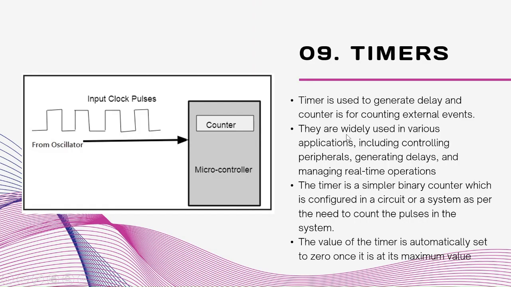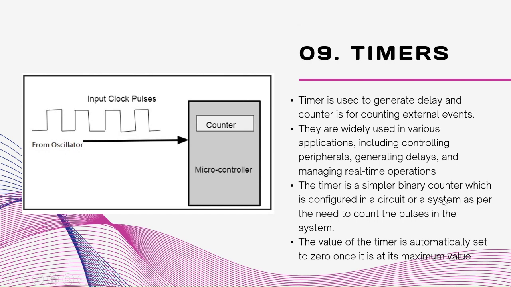Now let's come to the topic of timers. A timer is used to generate delay and a counter is used for counting external events. These are widely used in various applications including controlling peripherals, generating delays and managing real-time operation. The timer is a simple binary counter which is configured in a circuit or a system as per the need to count the pulses in the system.